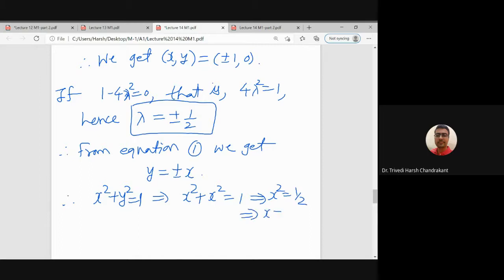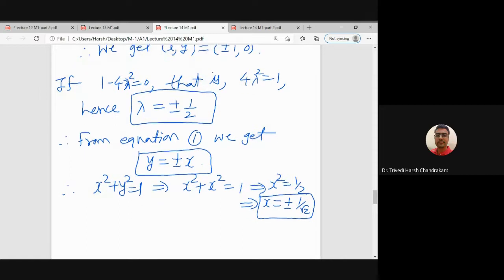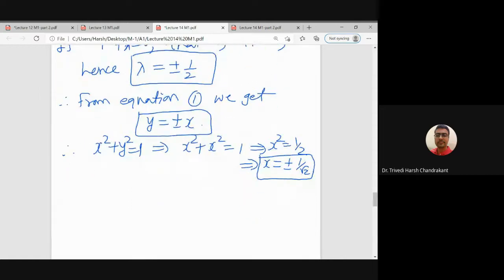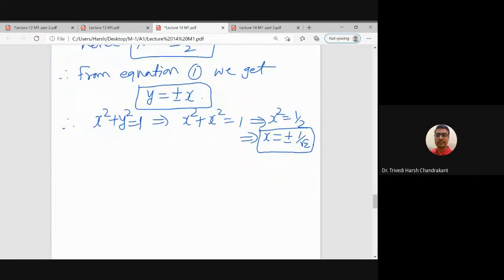So x is plus or minus 1 by root 2, right? And the relation between x and y is that their sign is either same or opposite, right? So the x value is 1 by root 2 and y is either 1 by root 2 or the negative value.